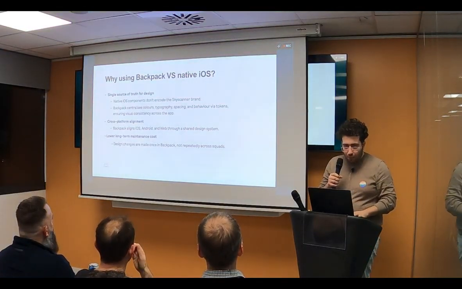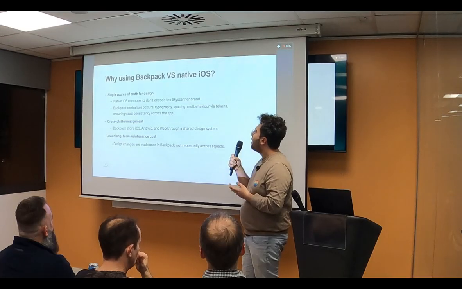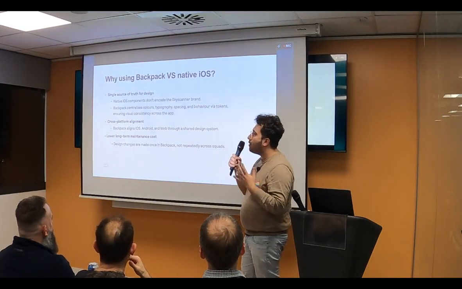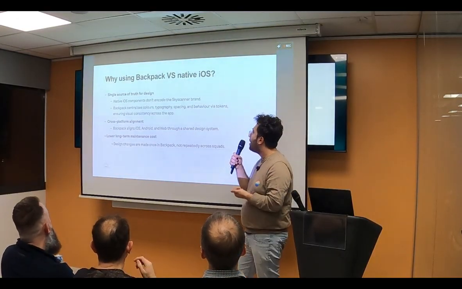And why are we using Backpack instead of just native iOS components, right? Why can't we use a text? We can, but we don't want to. There are a few reasons. One of them is that we want a single source of truth for our design.